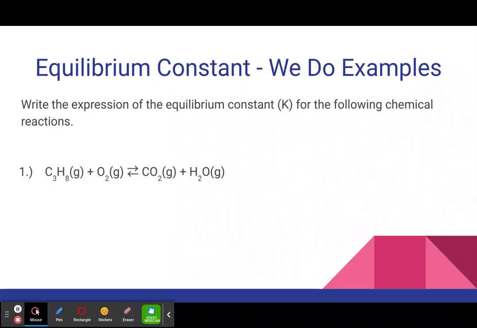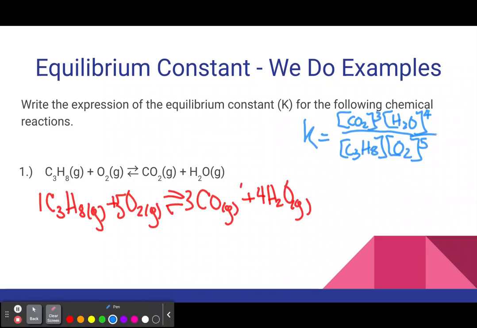All right, this is a review problem. I want you to write the equilibrium constant for the following chemical equation and then check it with my work. I hope you were paying close attention, everyone, that you have to balance the chemical equation first before you can write the equilibrium constant. So I balanced the chemical reaction with the coefficients 1, 5, 3, and 4.